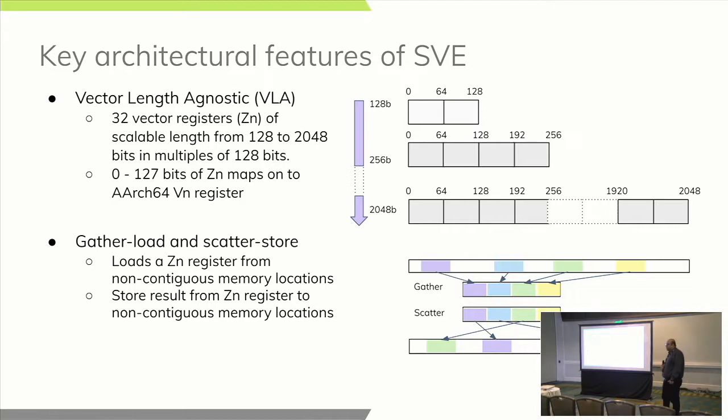And the configuration can be done as part of your SoC specification or by the Linux kernel as well. And these Z registers can pack scalar as well as floating point operations.